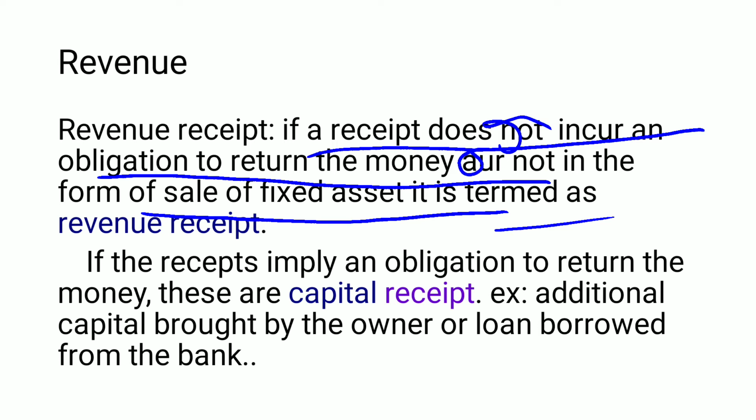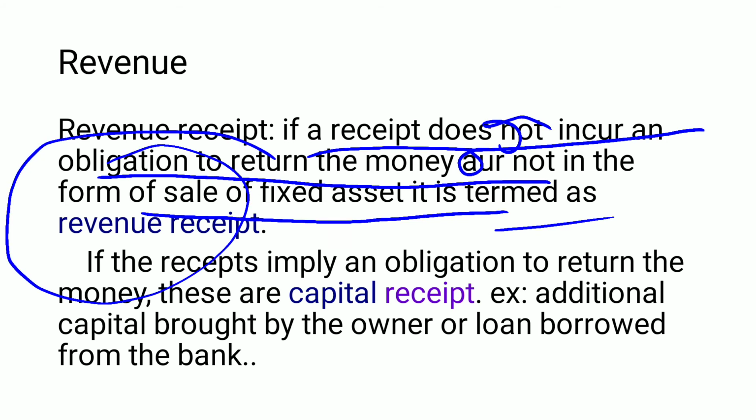It is obvious that whenever goods or a fixed asset are sold, the seller must receive the revenue. If after receiving the revenue there is no need to return the money, because we got the money for selling the asset, then the amount we received for selling that fixed asset is treated as revenue receipt.